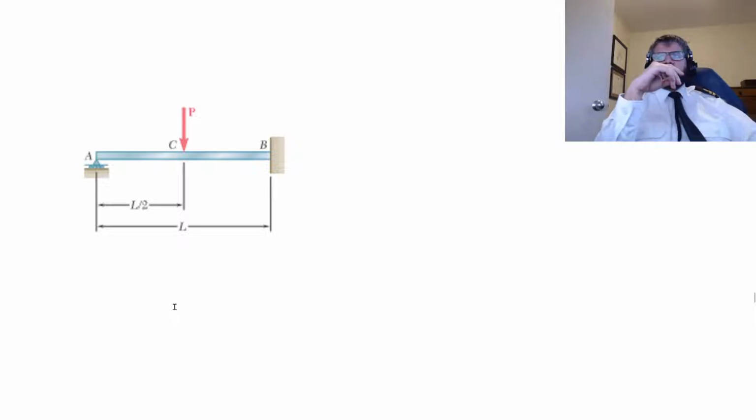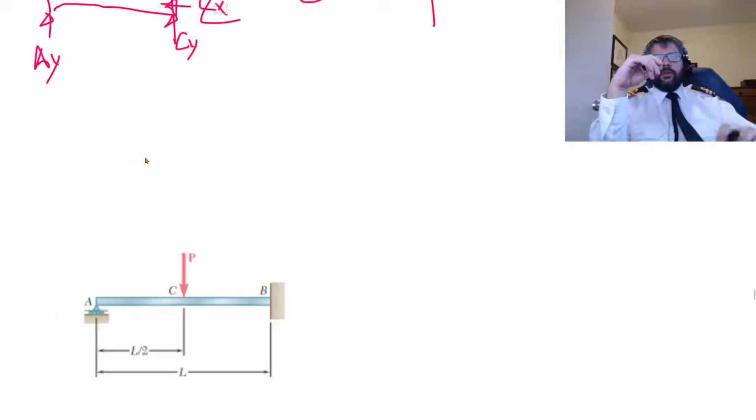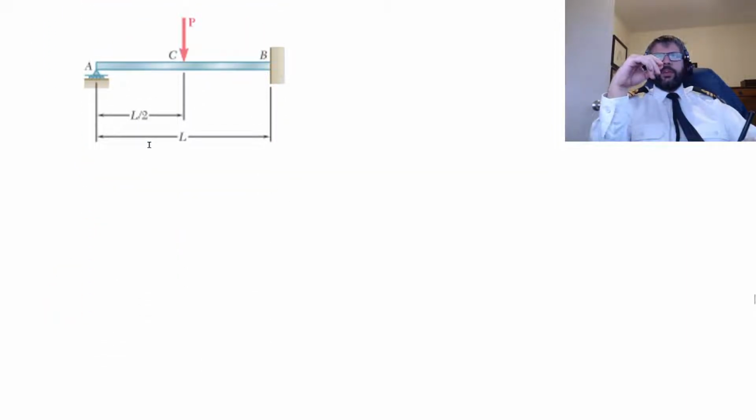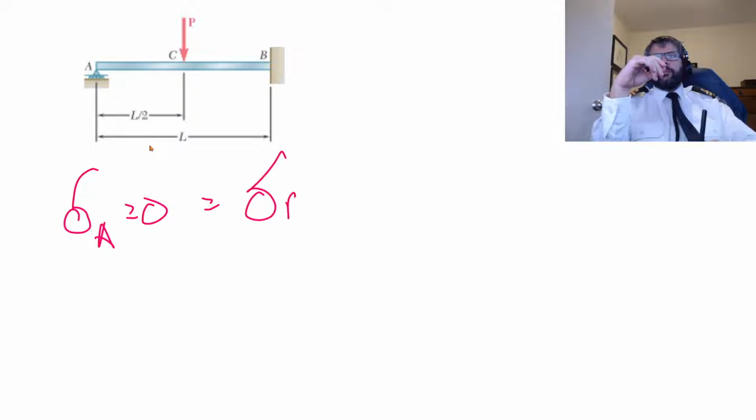So something like this, compatibility conditions. The compatibility conditions that exist, displacement. No, that looks more like a sigma to me. Close enough. Displacement A is equal to 0, and that's also equal to the displacement at B. And then just the slope at B is equal to 0.